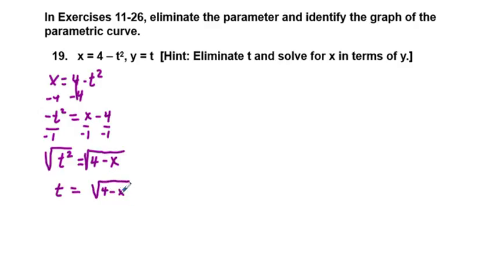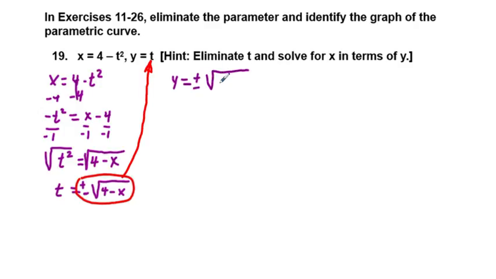Now, is that the true nature? Well, no, it's not, because we have plus or minus when we solve by using the square root method. So we're going to take this plus or minus quantity, square root quantity 4 minus x, and substitute it in for this t up here. So what that gives us is y equals plus or minus the square root of quantity 4 minus x.